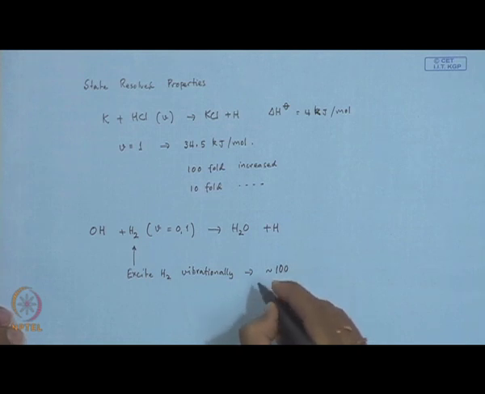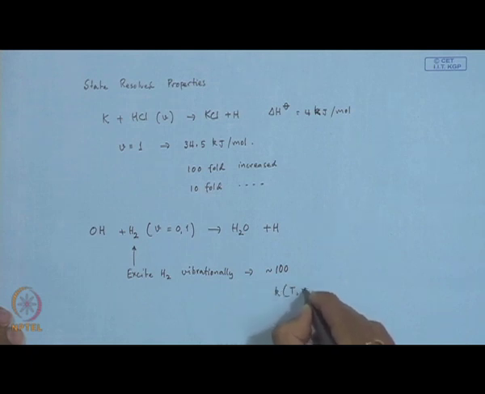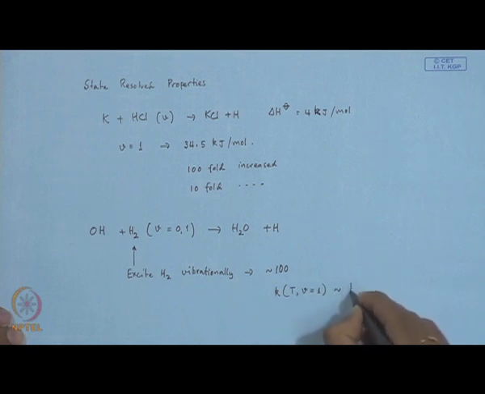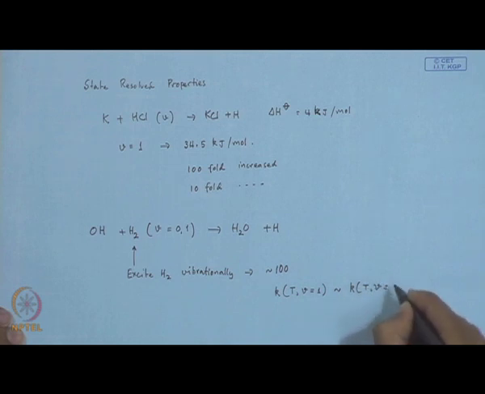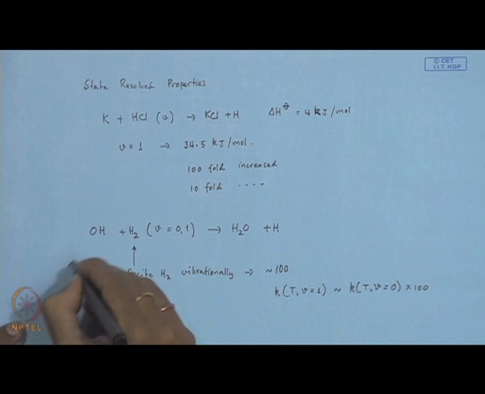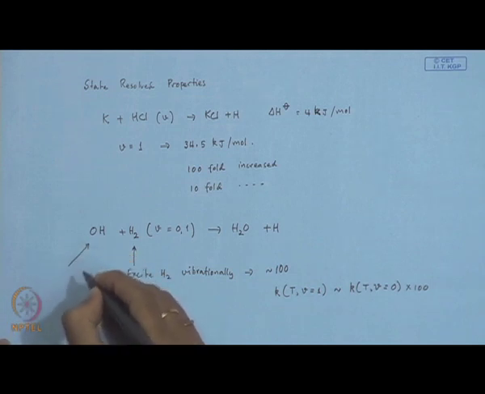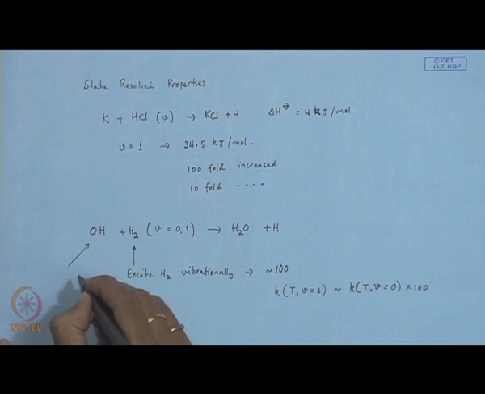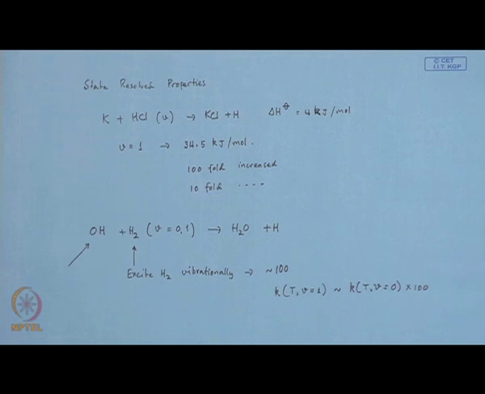Okay, that is, which is basically kT at V equal to 1, is of the order of kT at V equal to 0 into 100. But if you excite this spectator, this OH, vibrationally, then it does not have that much of an effect.